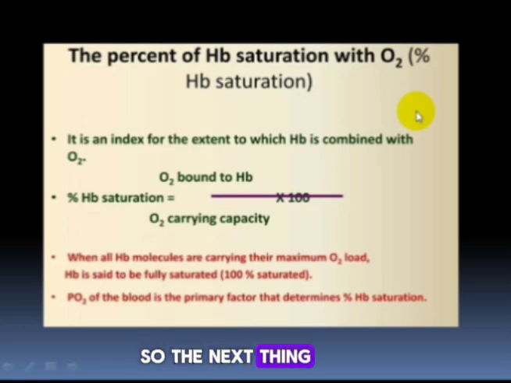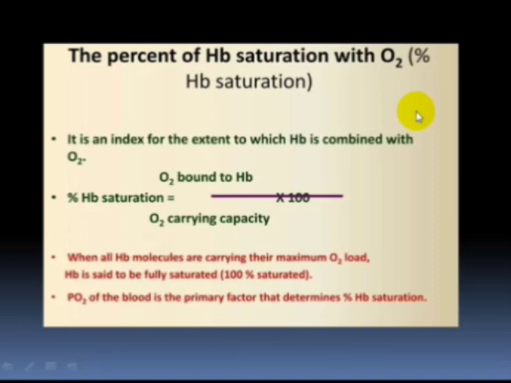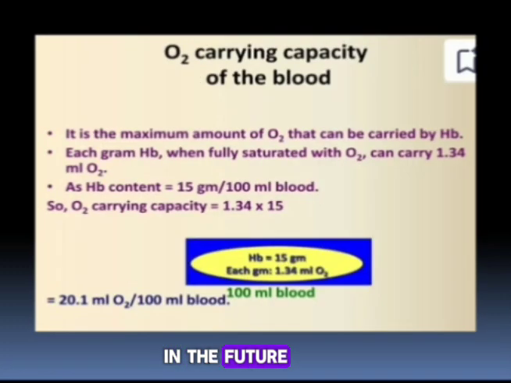So the next thing we need to look at is the percentage hemoglobin saturation with oxygen. Based on the calculation, we got that the oxygen carrying capacity is 20.1 ml.